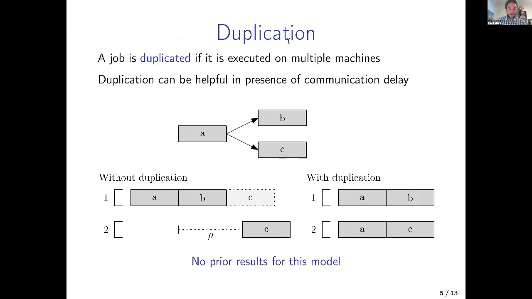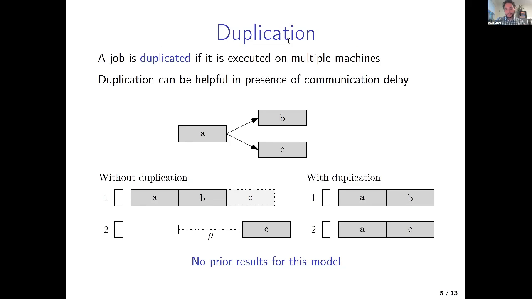For our main results, we're mainly concerned with a model which allows duplication of jobs, where a job is duplicated if it's executed on multiple machines. This capability can be helpful when scheduling with delays, as we can see in the figure. On the left, we have a schedule of A, B, and C without duplication. Here, we can schedule A first and then schedule B immediately after.